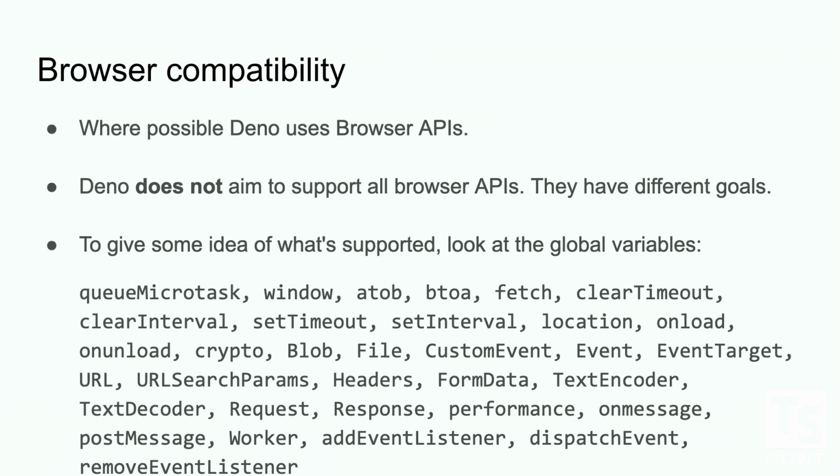There are a lot of APIs that don't necessarily overlap with the browser, right? If you're opening a socket or whatever, we have our own APIs for those sort of things, but in the situations where we do overlap with browser functionality, we try to use the browser APIs.